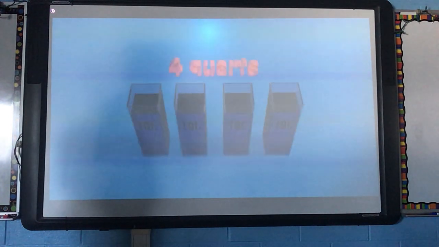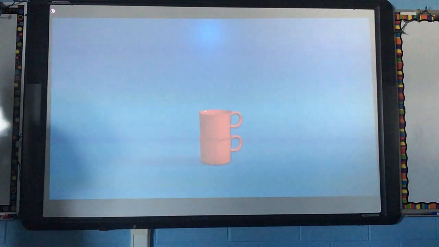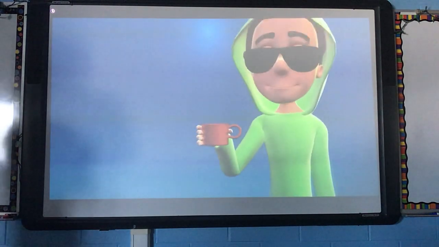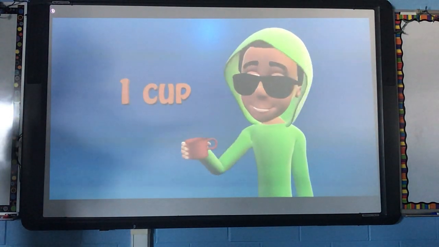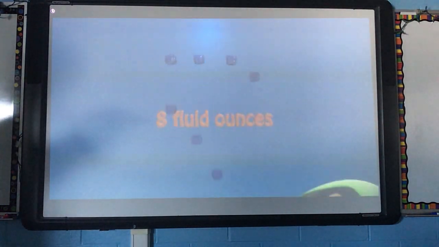One gallon split into fours is 4 quarts. Take that and divide by 2 and you got a pint. Split that pint up into halves and make a cup. And that cup will fit 8 fluid ounces inside of it.